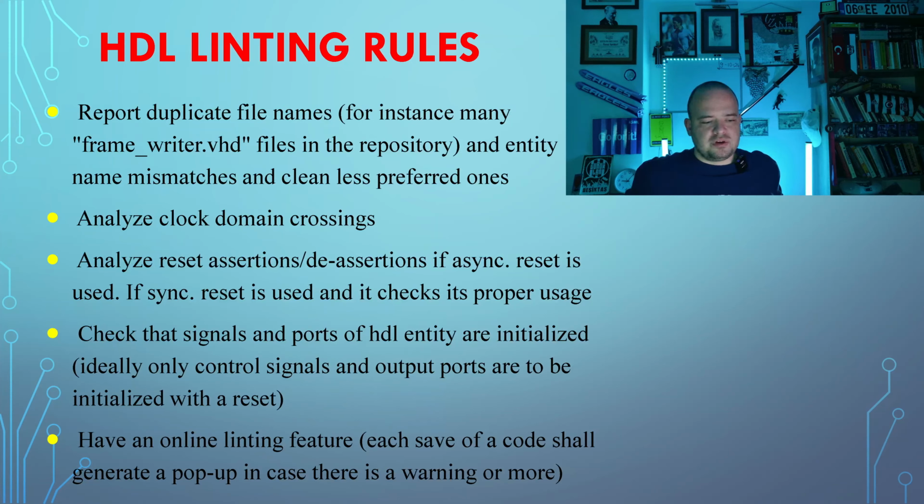Let's say you have a process and your process clock is clock_400MHz. If the signal you will be reading in that process is from another clock domain which is asynchronous to that 400 MHz clock, then you need to apply the correct clock domain crossing solution.